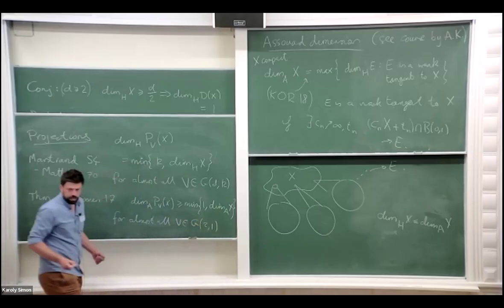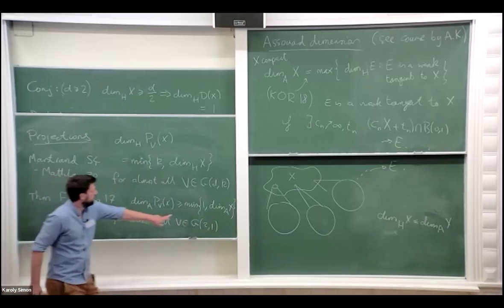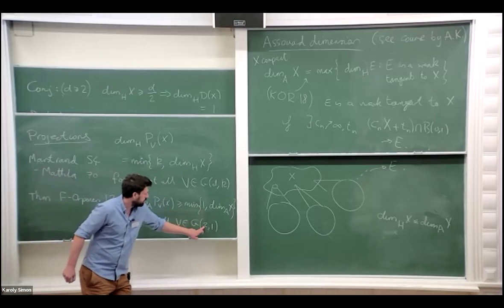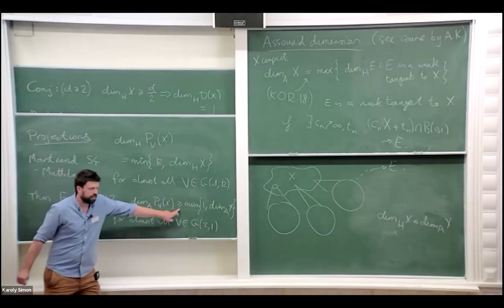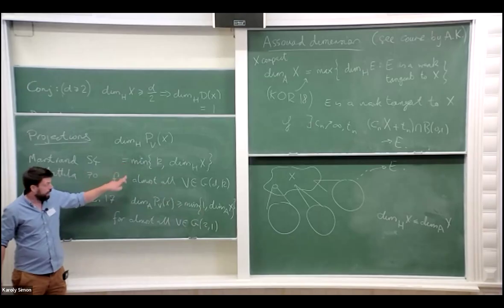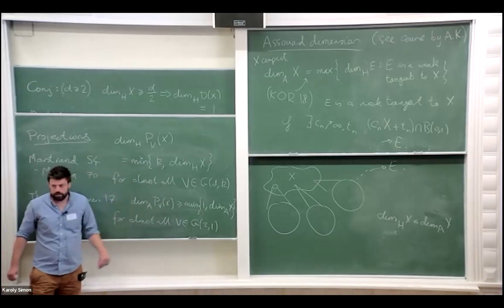So I'm now setting d equal to 2 and k equal to 1. That's why this k became a 1. And I'm now talking about one-dimensional subspaces of R^2. So it looks a bit like Marstrand's theorem, but it's not the same because we only have at least instead of equal. But in fact, we also proved in this paper that you can't do any better than this.